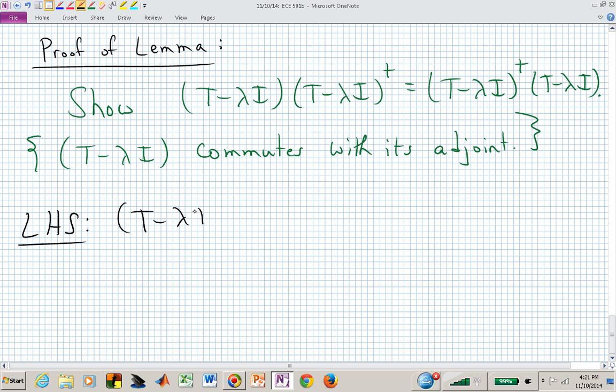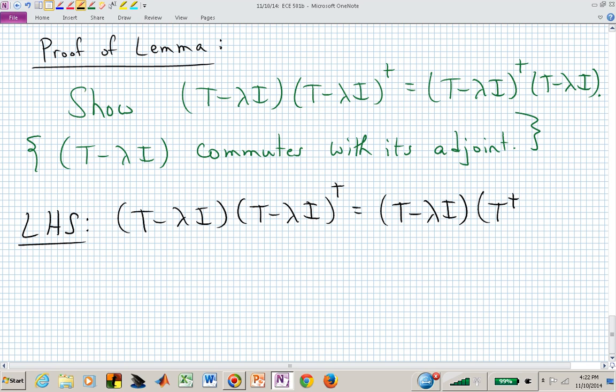So let's look at the left-hand side of that equality. We have (T minus lambda I)(T minus lambda I) dagger. I'll do the hard part. What happens when we take the adjoint of T minus lambda I as an expression? It's just a plus b, essentially. We can take the adjoint of the two pieces. The first piece is pretty easy: we just take the adjoint of T. And what happens when we take the adjoint of the identity operator?